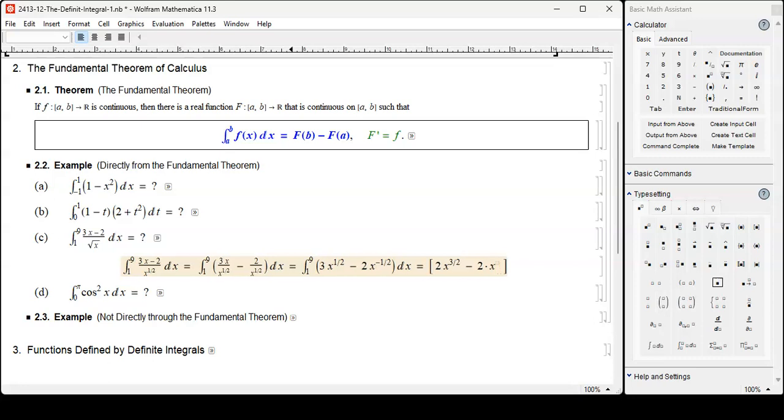Add 1 to the power, we have positive 1/2, and then divide. Simplifying, you're going to get 4. Please check. Is this the correct antiderivative computation? Or you can take the derivative and check. And then that's running from 1 to 9.